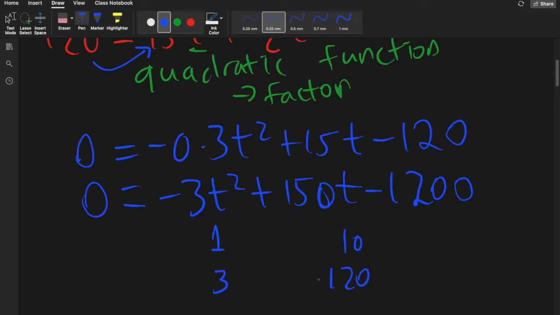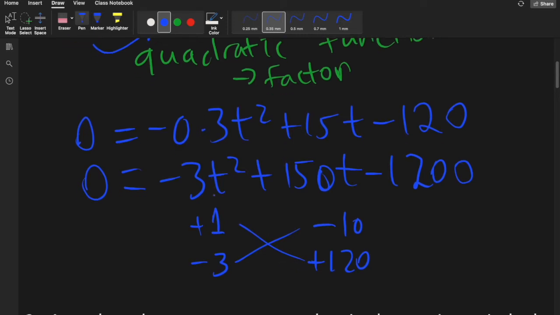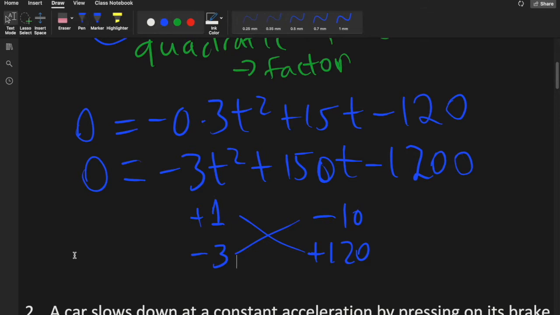What I can use is here a positive 1, and then here a negative, and here can be positive. Positive times positive is positive, negative times negative is positive, right? So we are running out of space right now.